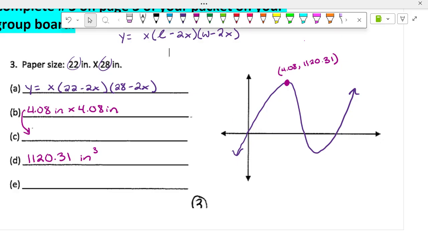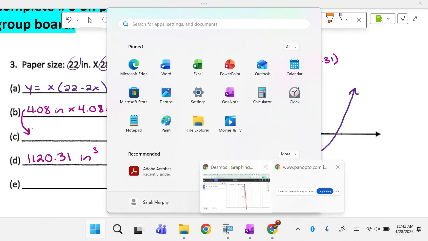Now, we then talked about appropriate domain and range. So remember, the domains, you want to look at the x-intercepts because those will help you figure it out.